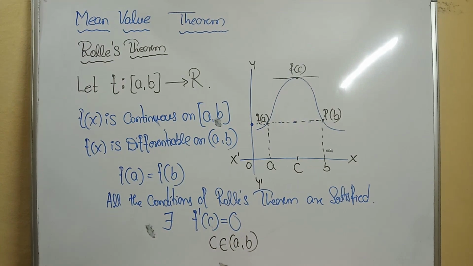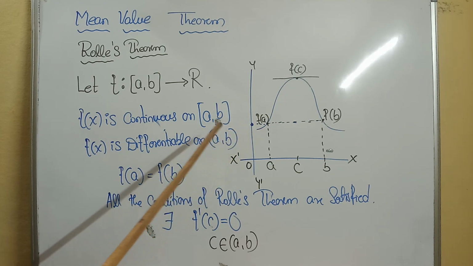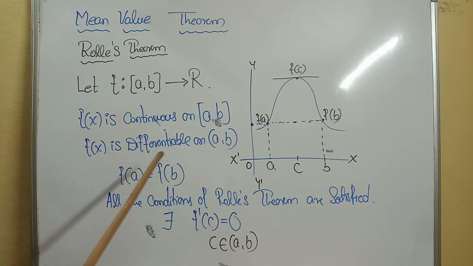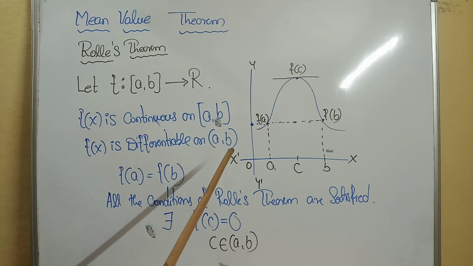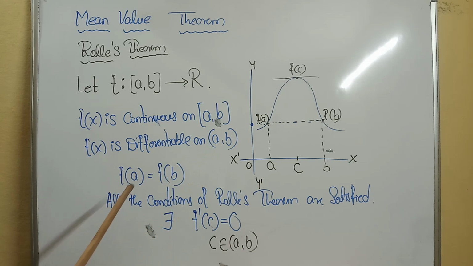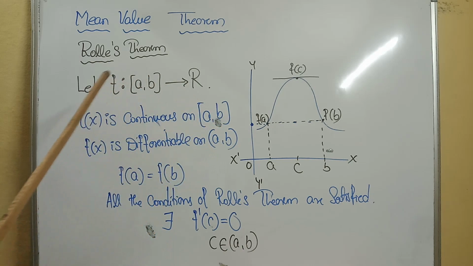What are the key points of Rolle's theorem you need to understand? The first condition: f of x is continuous on the closed interval [a, b]. The second condition: f of x is differentiable on the open interval (a, b). Next, whenever we substitute the two points a and b in the particular function, we get the same value, f of a equals f of b.